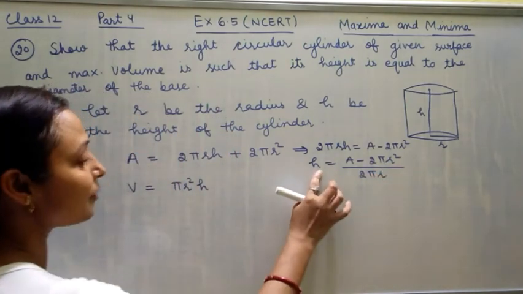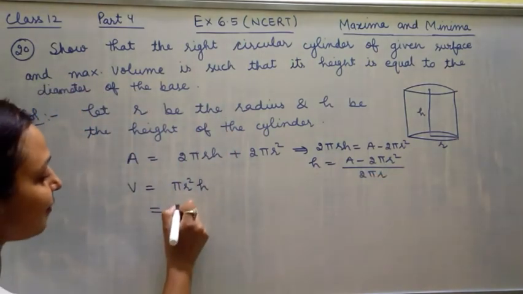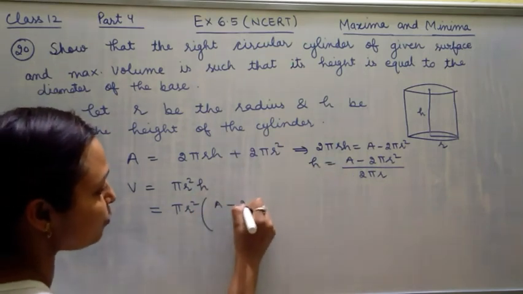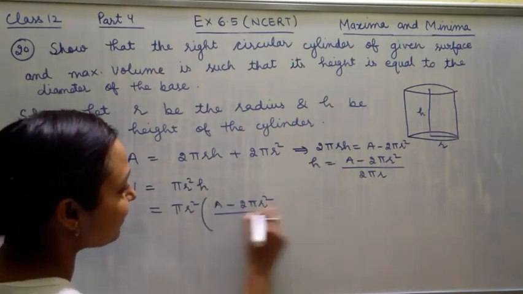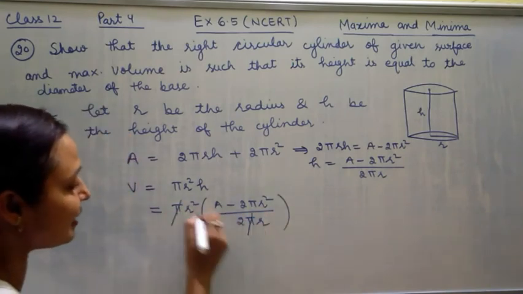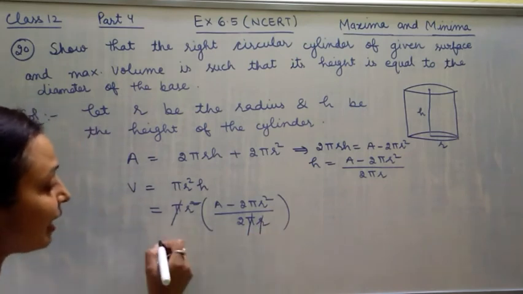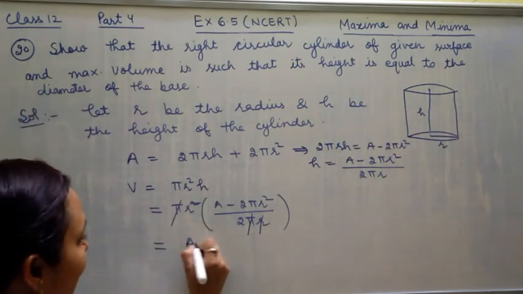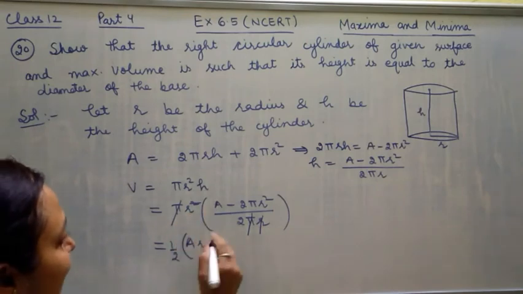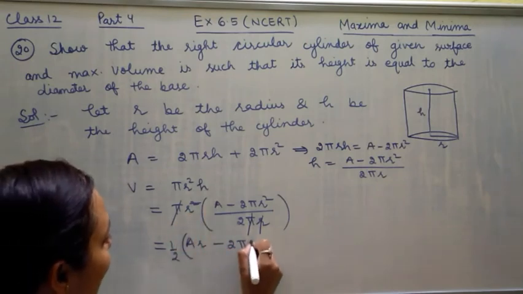I will put the value of h here. V is equal to pi r square times A minus 2 pi r square divided by 2 pi r. The pi and pi will cancel, r and r will cancel. I have A upon 2 as a common factor, and this is A r minus 2 pi r cube.